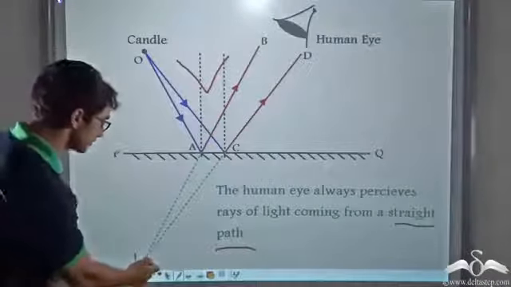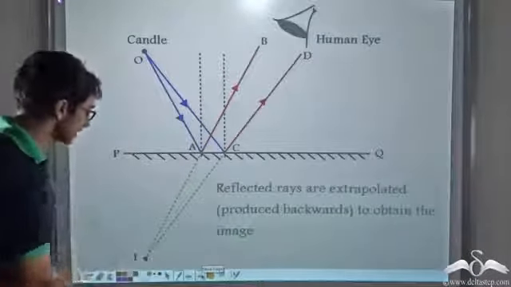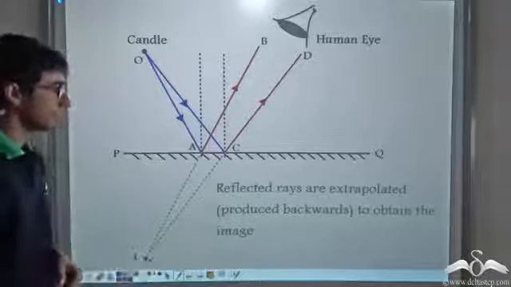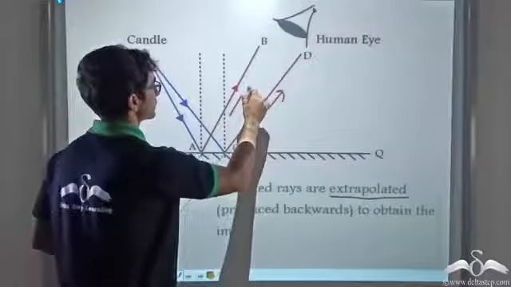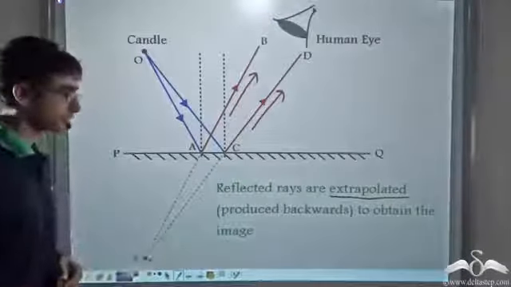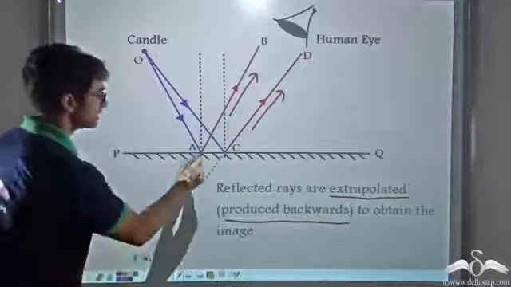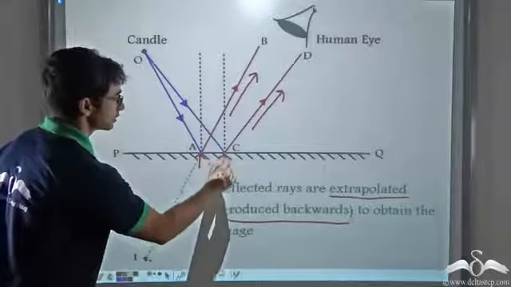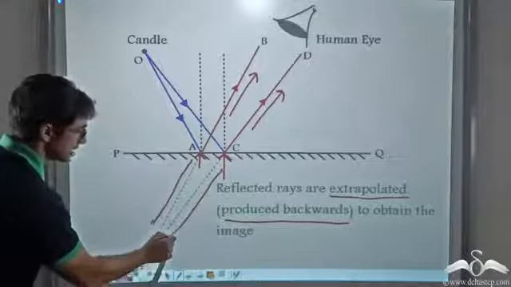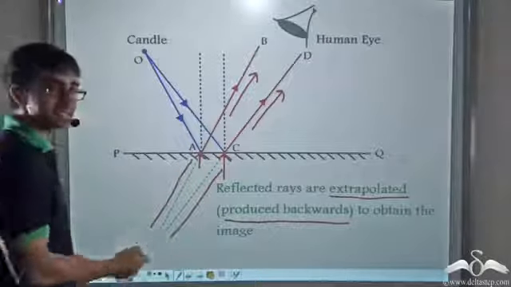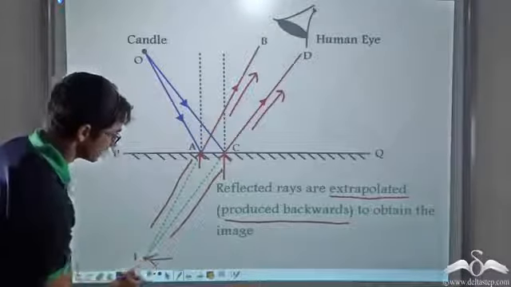So how are we getting this image? Let us find out. We are obtaining the image on the mirror by extrapolating these reflected rays. What is the meaning of extrapolating? We are producing them backwards. So from these two points, we are producing the reflected ray backwards, and we find that these reflected rays appear to be diverging from this point.